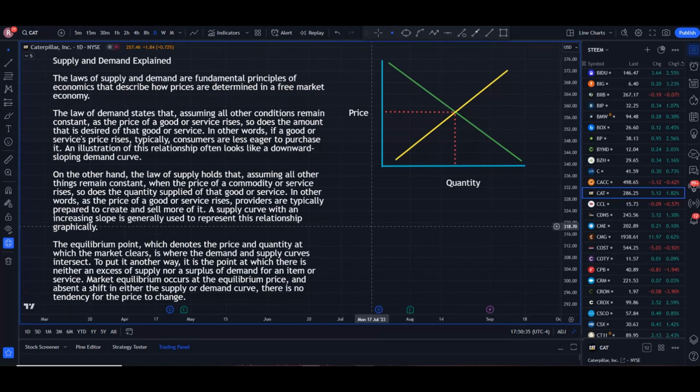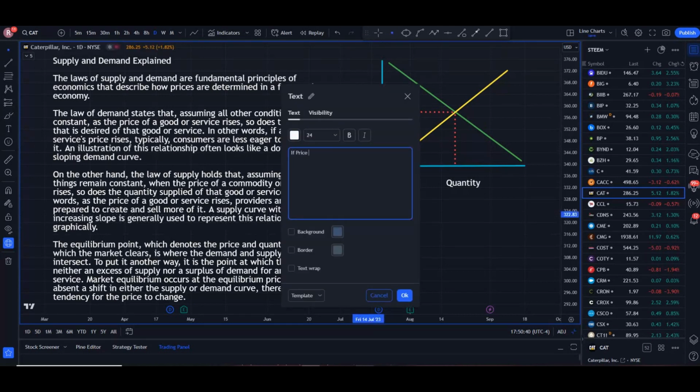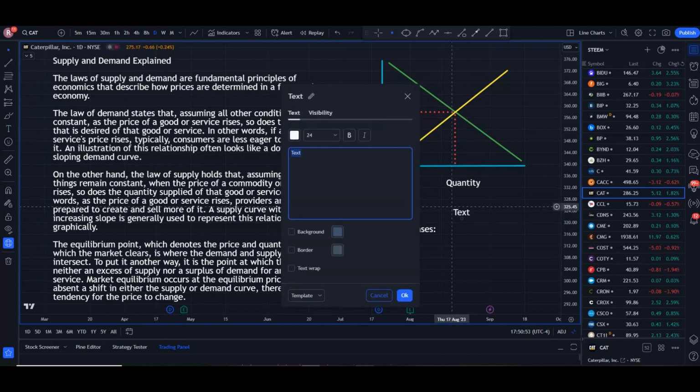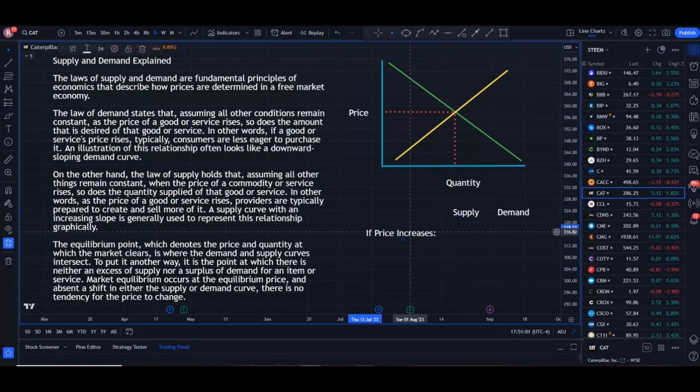So what this looks like is, if price increases, let's put overhead, supply, demand, let's put an up arrow.